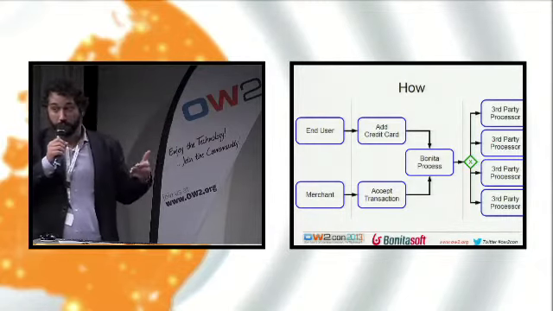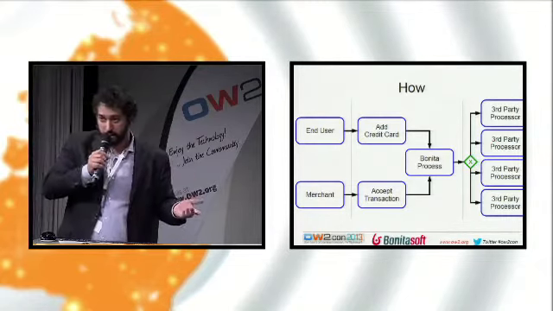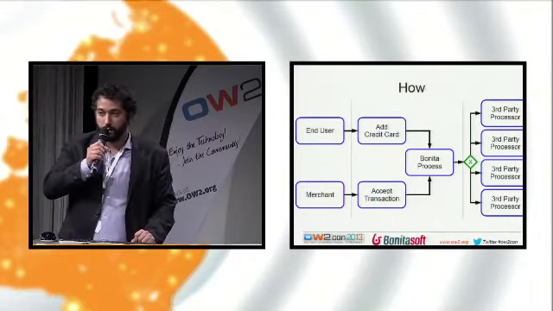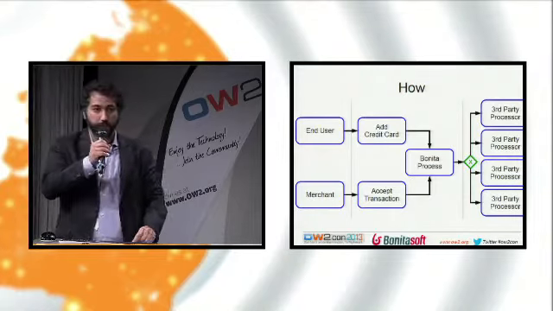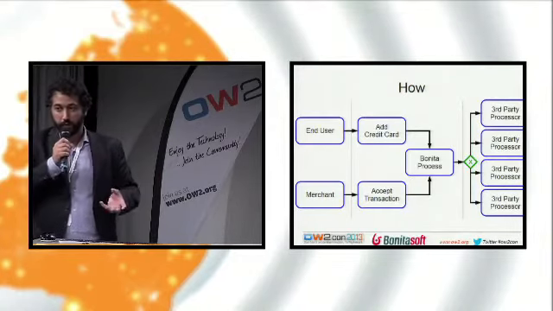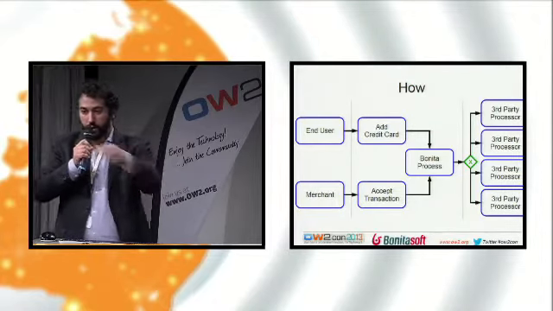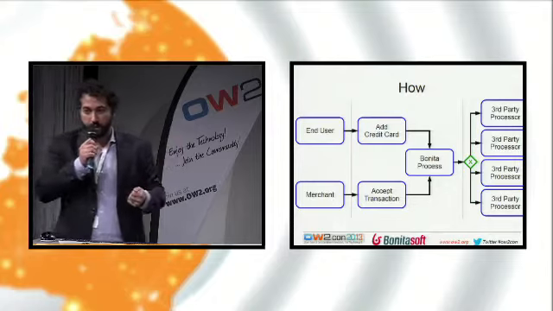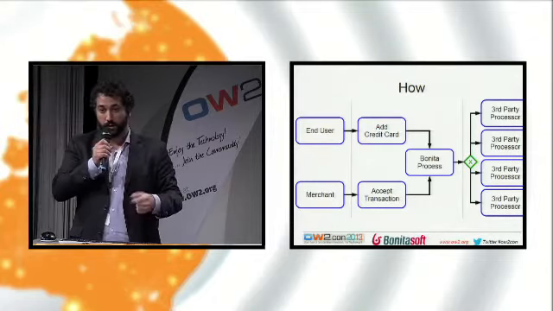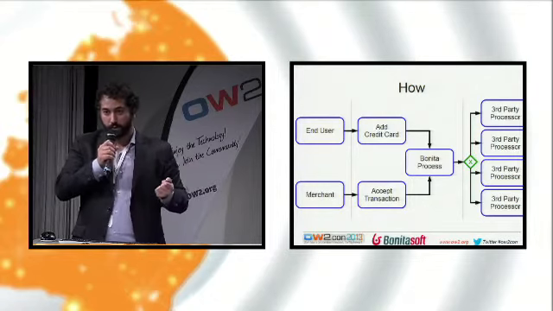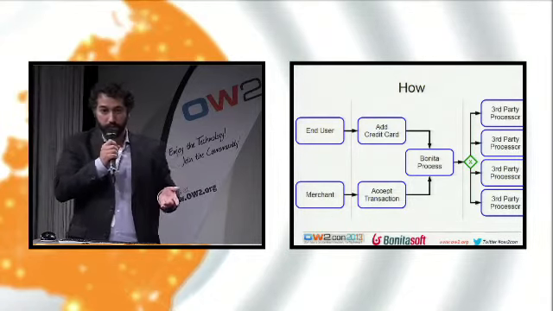First, you are an end user with many credit cards, at least in countries like the USA, and you want to manage all your credit cards in an app on your phone and be able to pay with the phone. Instead of swiping the credit card in the machine, you do that on the screen of your phone. You choose your credit card with your finger on the screen, and you pay the merchant.